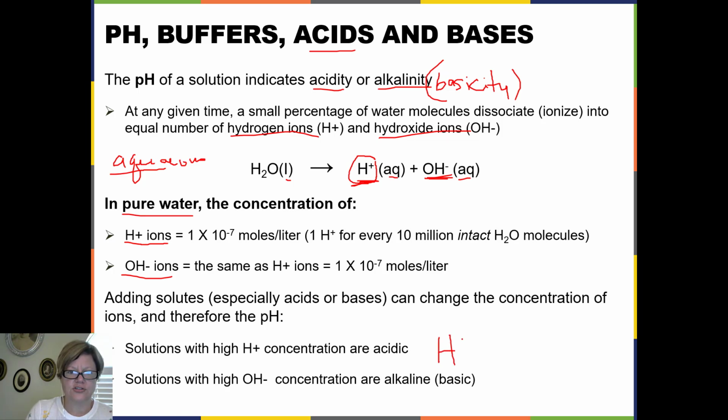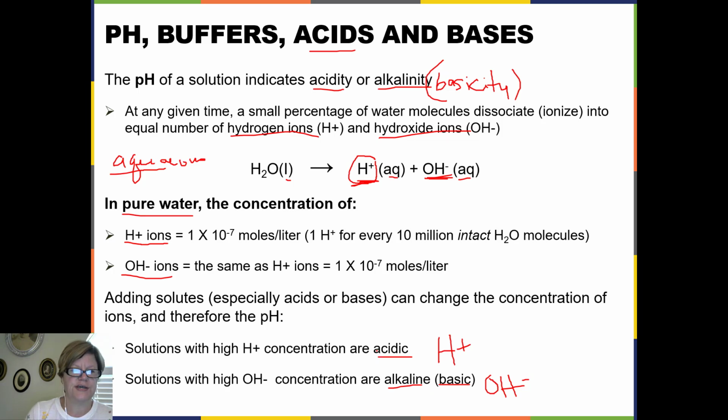So if you add additional hydrogen ions, but you don't add any more hydroxide ions, then that water becomes acidic. Or if you add just hydroxide ions and don't add any more hydrogen ions, that solution becomes more basic or more alkaline.